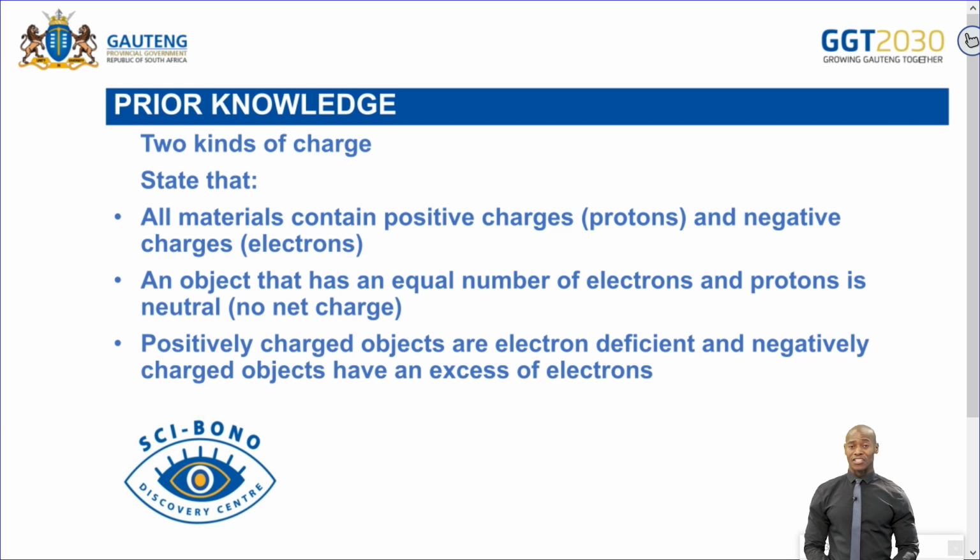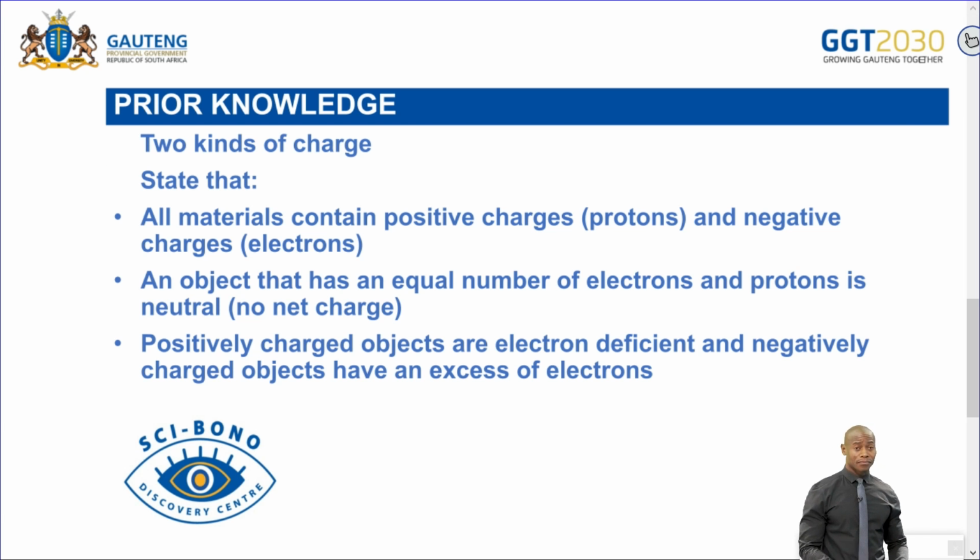Negatively charged objects have more negative charges than positive charges, or more electrons than protons, and we say they have an excess of electrons. The positively charged ones have a shortage of electrons, or they are electron deficient.